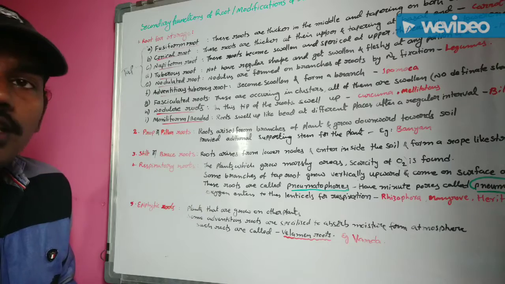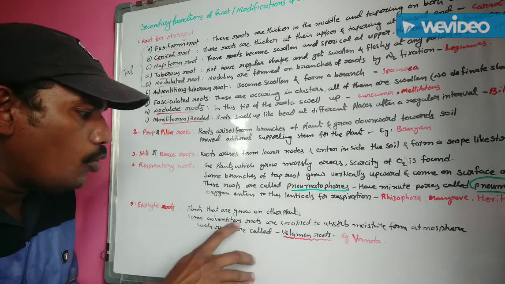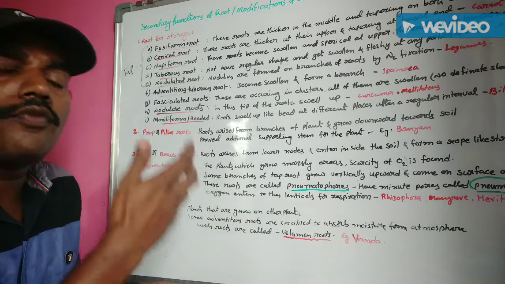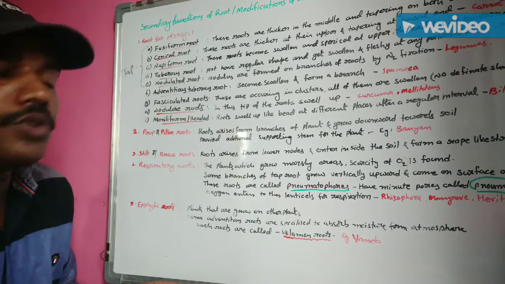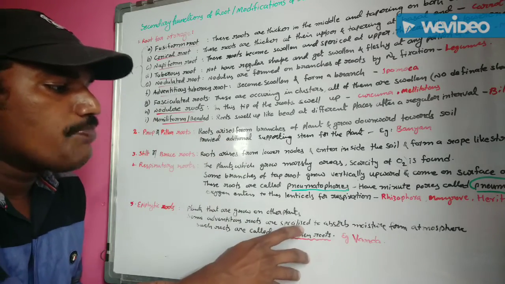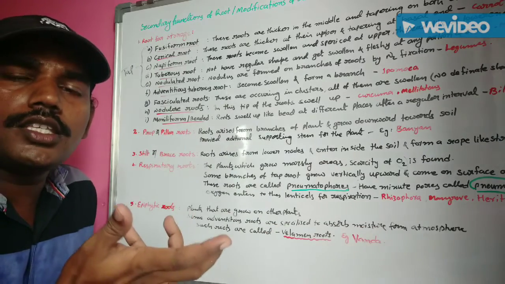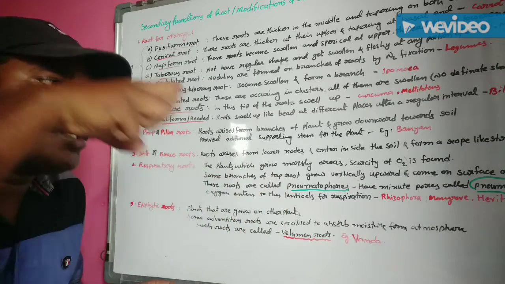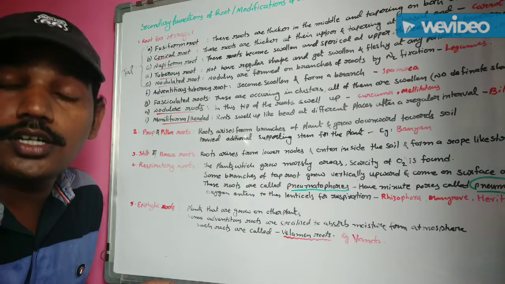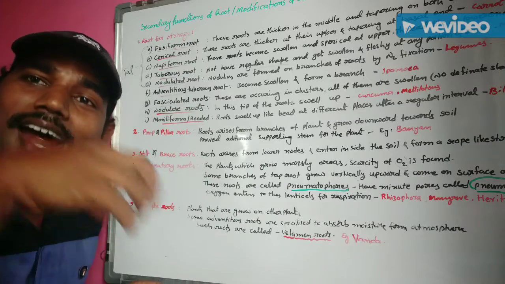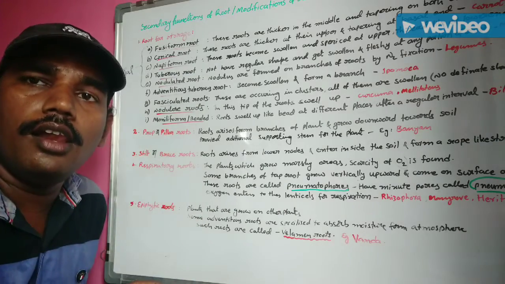These epiphytes form some adventitious roots. These are specialized to absorb moisture from the atmosphere, because these epiphytic plants are not in contact with the soil.